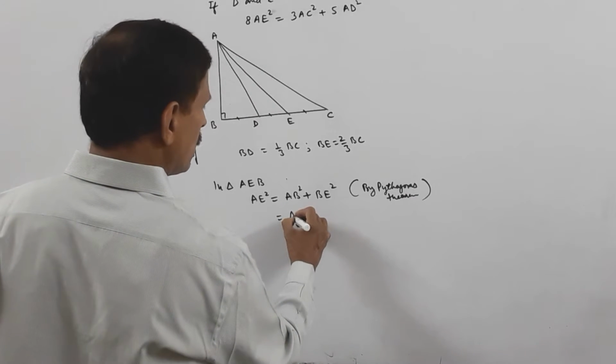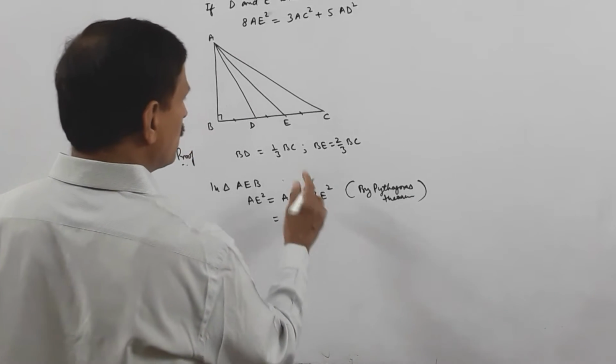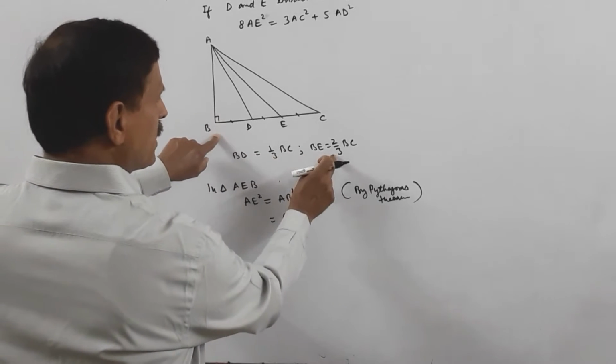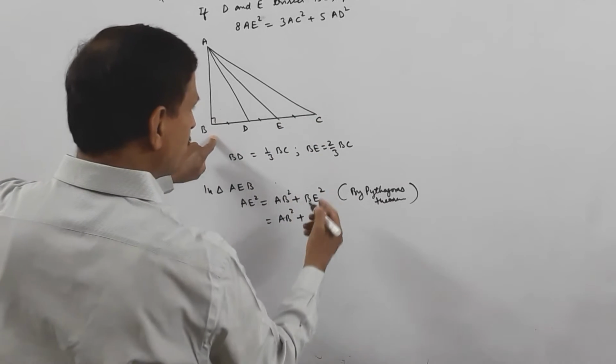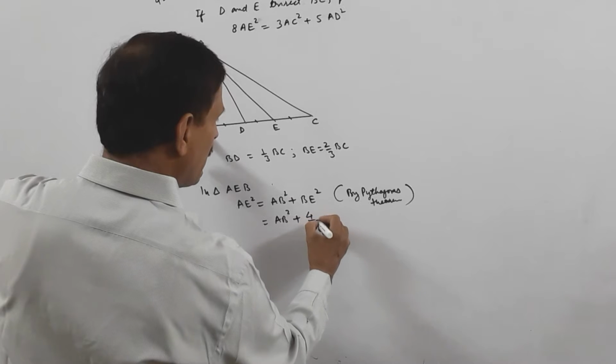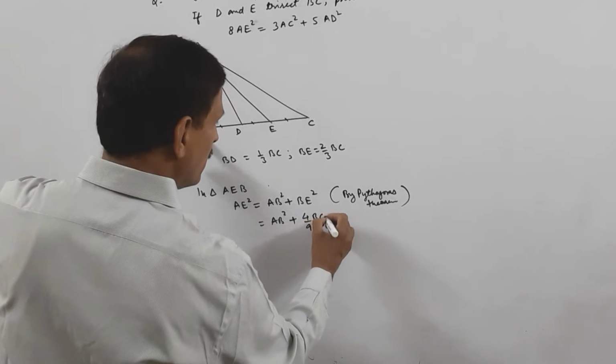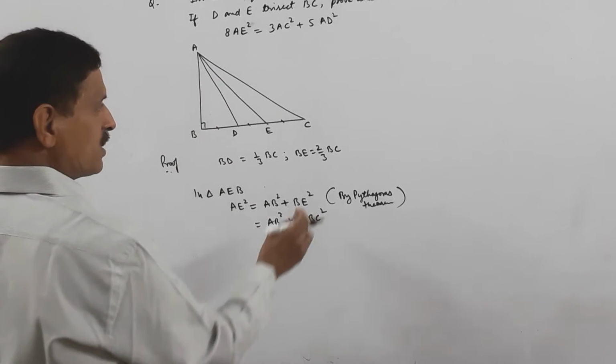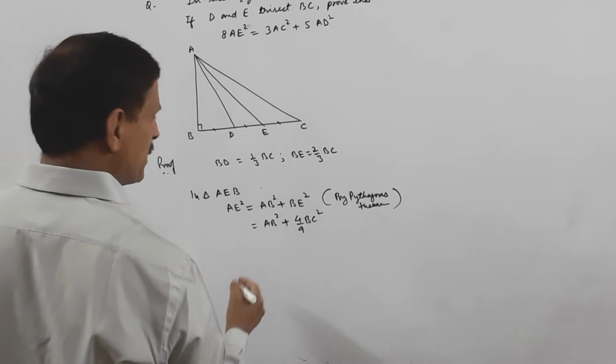That is equal to AB square plus BE, which is 2/3 BC, and its square is 4/9 BC square, because BE is equal to 2/3 BC.